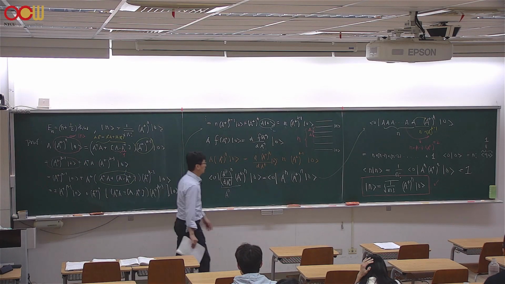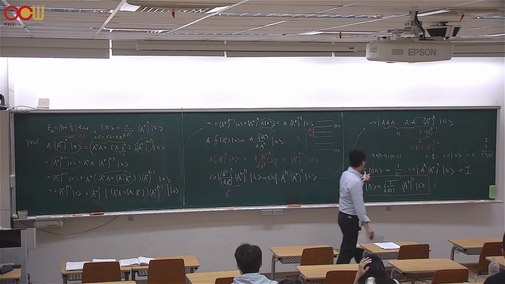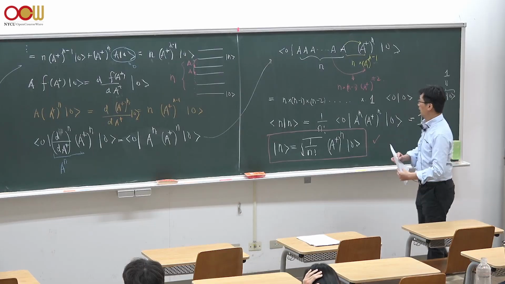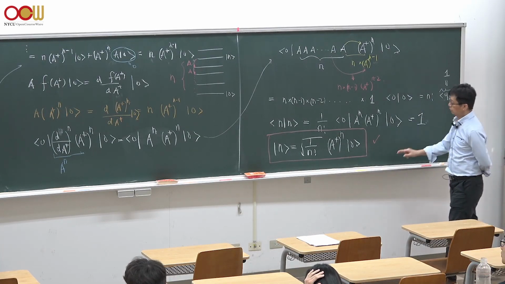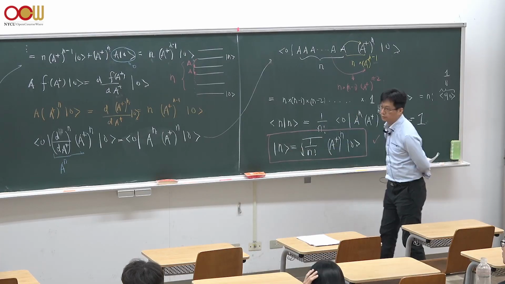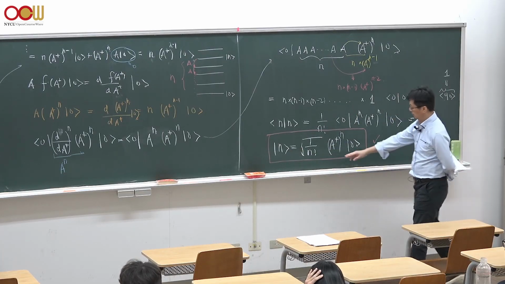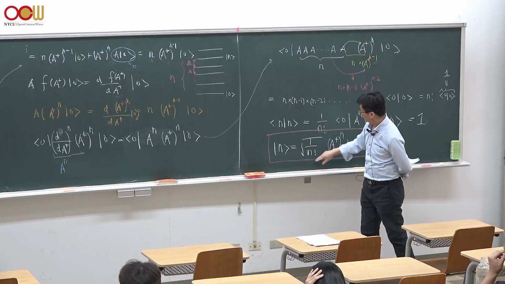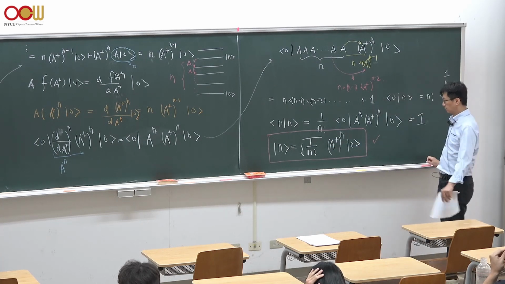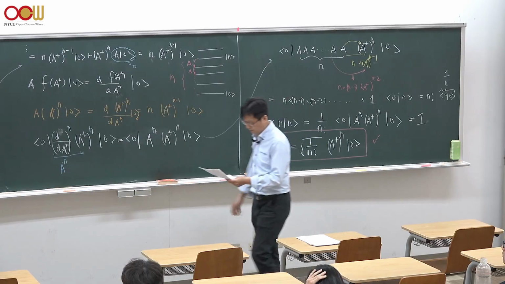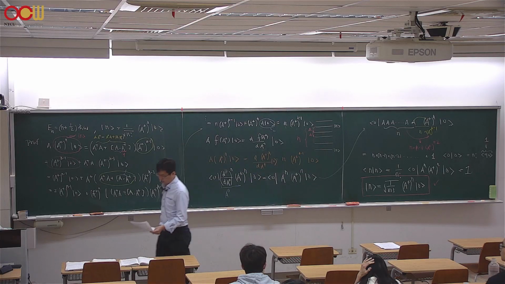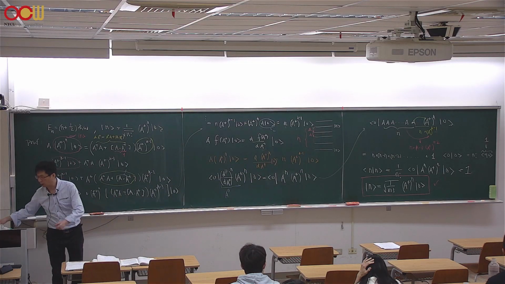So then we demand that this n dotted with n should be normalized to 1, and as a result, the normalized state n should carry this prefactor. Okay, so this is not magic, but some algebra based on this commutation relation.